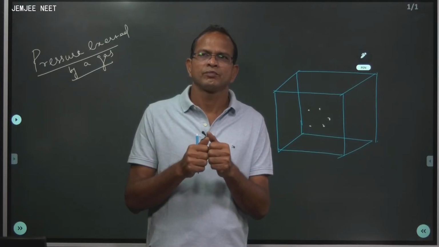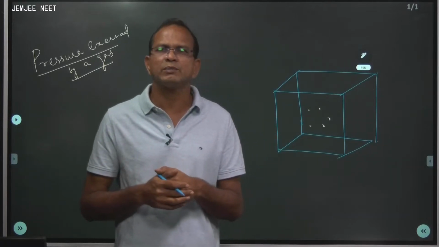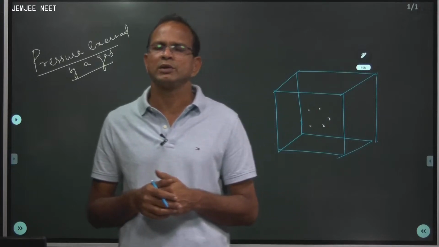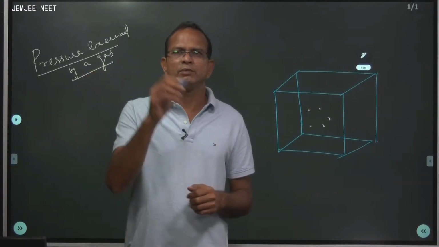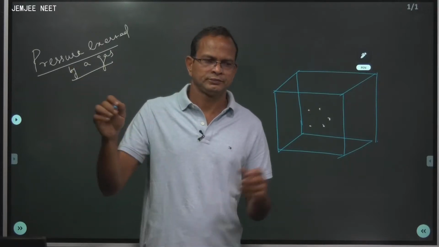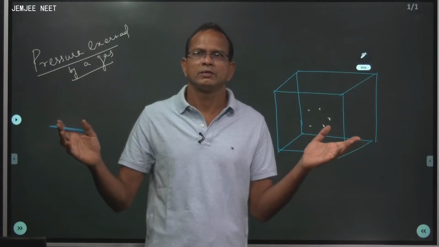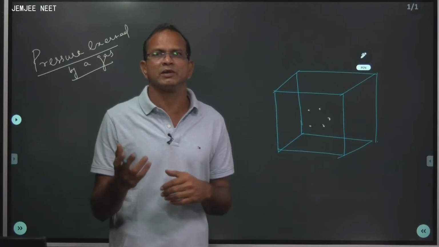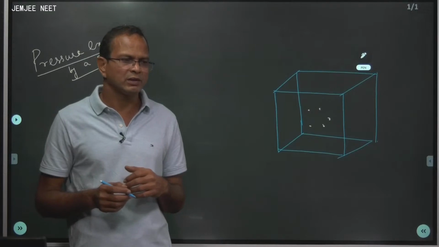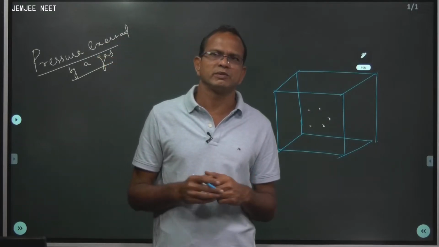The volume occupied by the gas molecules is highly negligible compared to the volume of the entire container, and they move in random motion with no definite pattern. They move in all possible directions with all possible velocities.